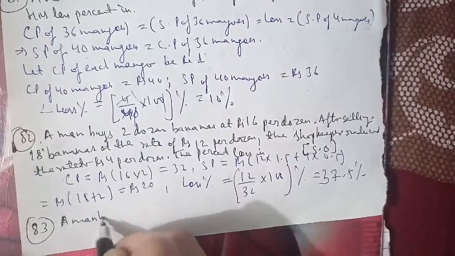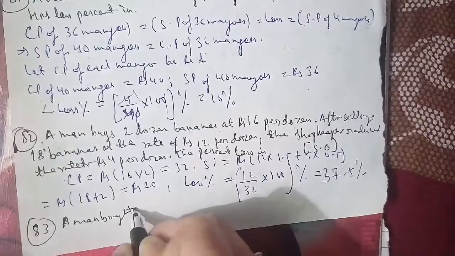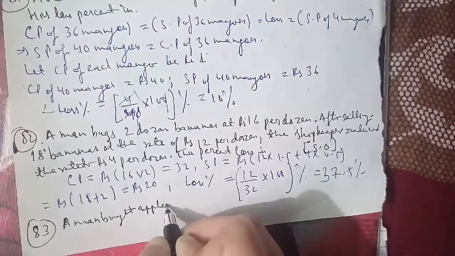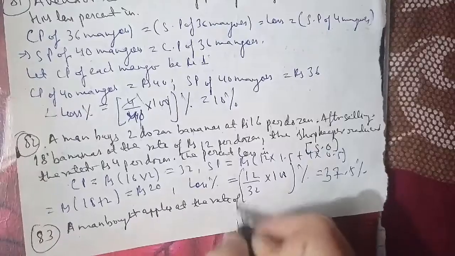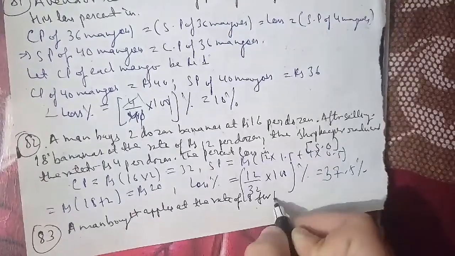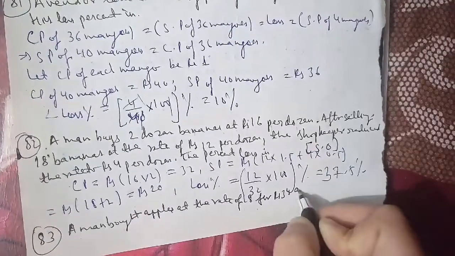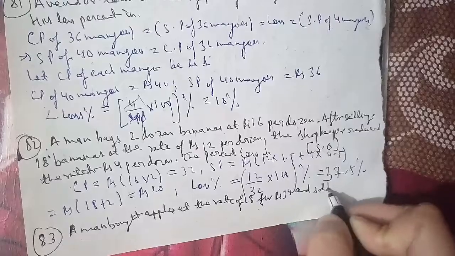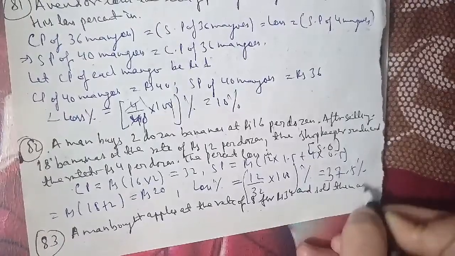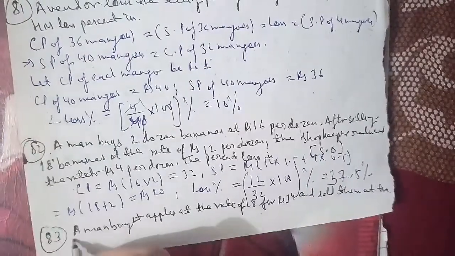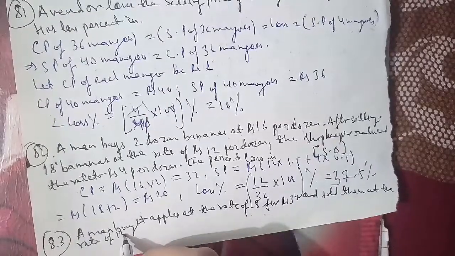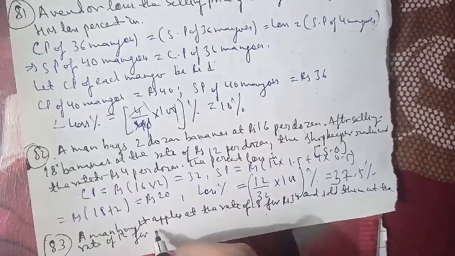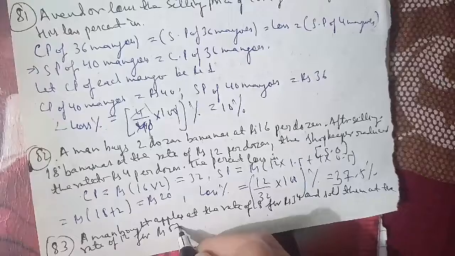A man bought apples at the rate of 8 for rupees 34 and sold them at the rate of 12 for rupees 57.